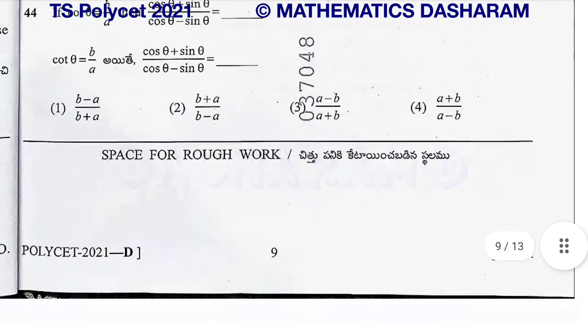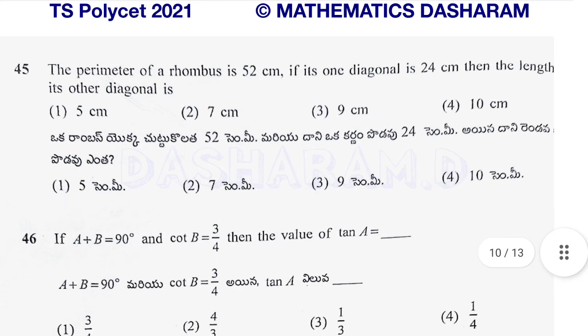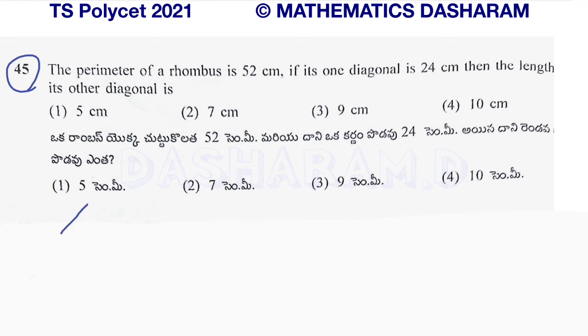Next, question number 45. The perimeter of a rhombus is 52 cm. If one diagonal is 24 cm, then the length of its other diagonal is. So let's draw a rhombus diagram. In a rhombus, all sides are equal. Perimeter means 4 into side, because all sides are equal.